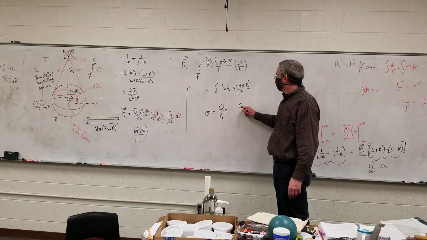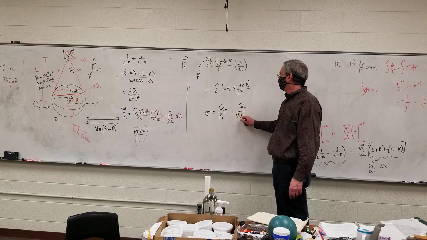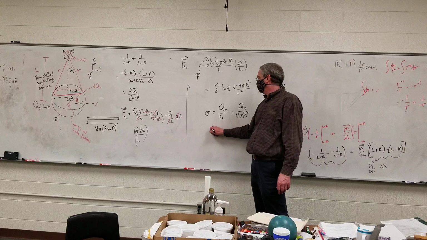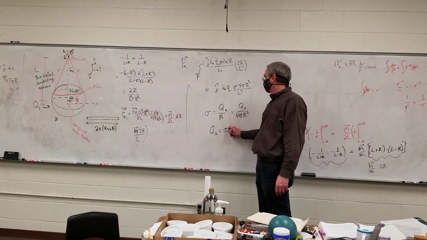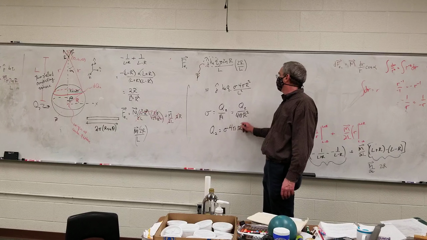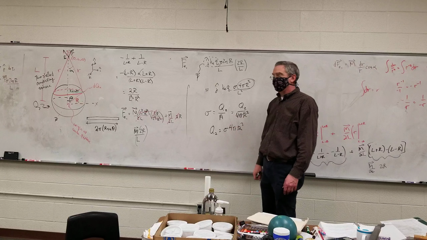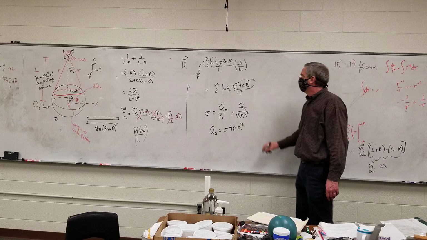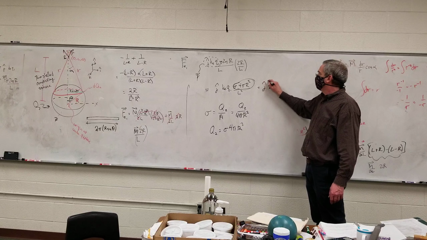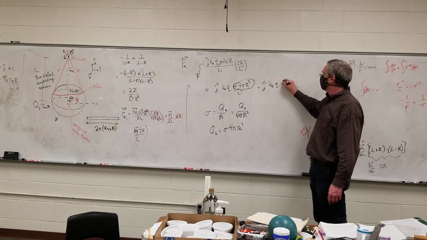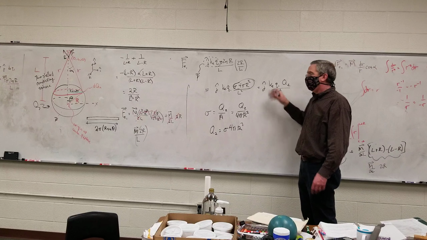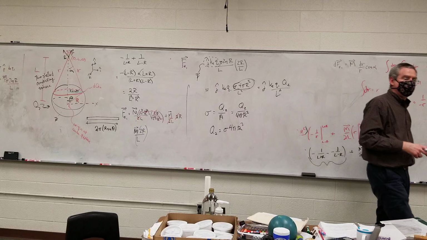So this becomes Q2 over 4 pi big R squared. So Q2 equals sigma times 4 pi big R squared. Lo and behold, we have that right there. Include the sigma. So this becomes J hat k_e Q1 big Q2 over L squared. All of that to come down to this.